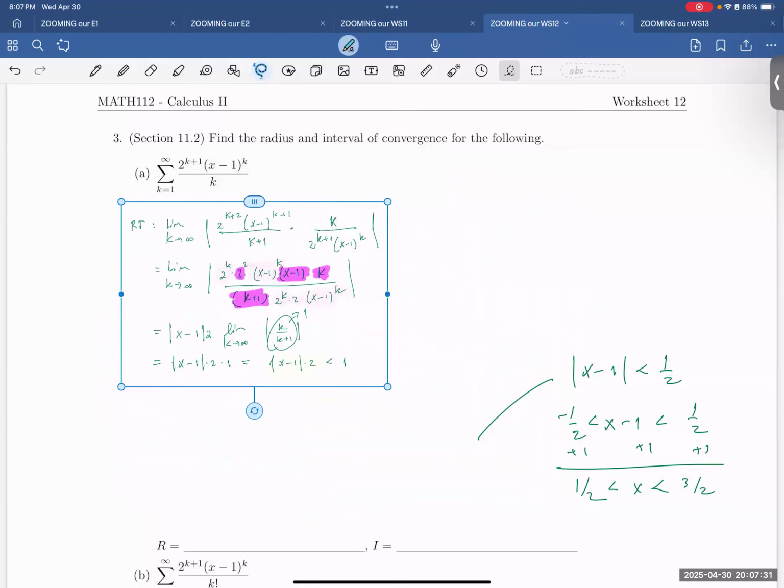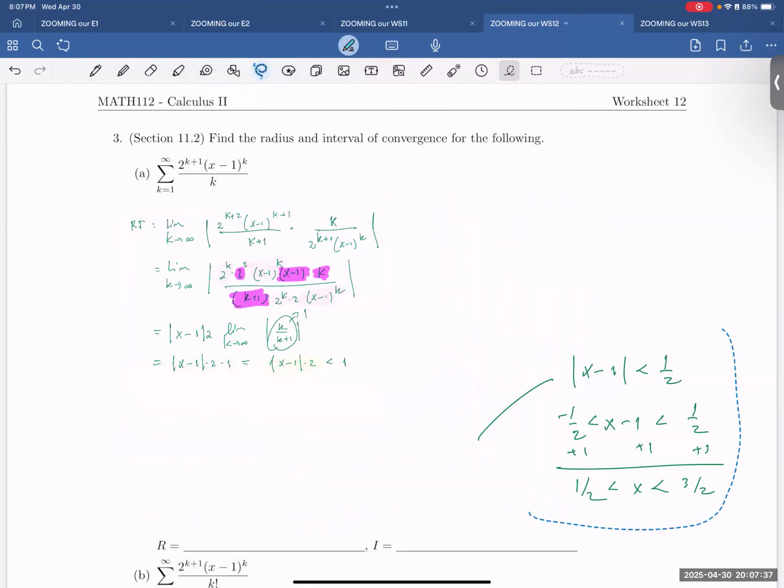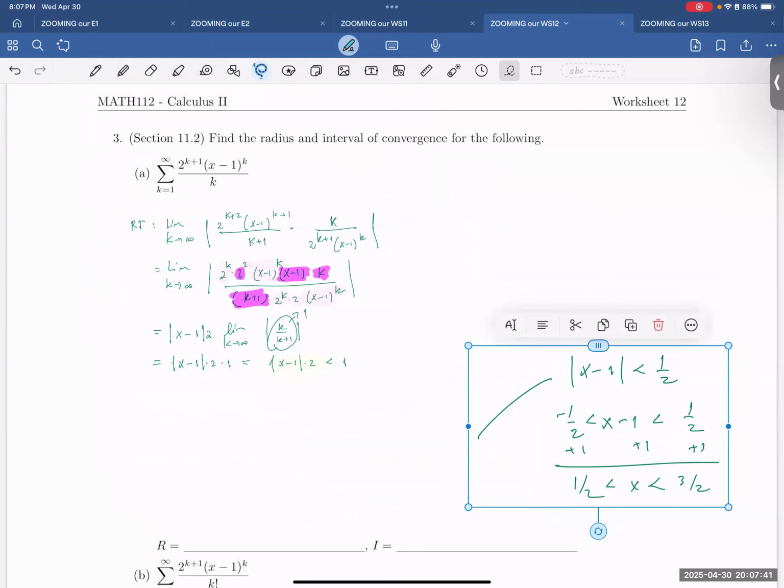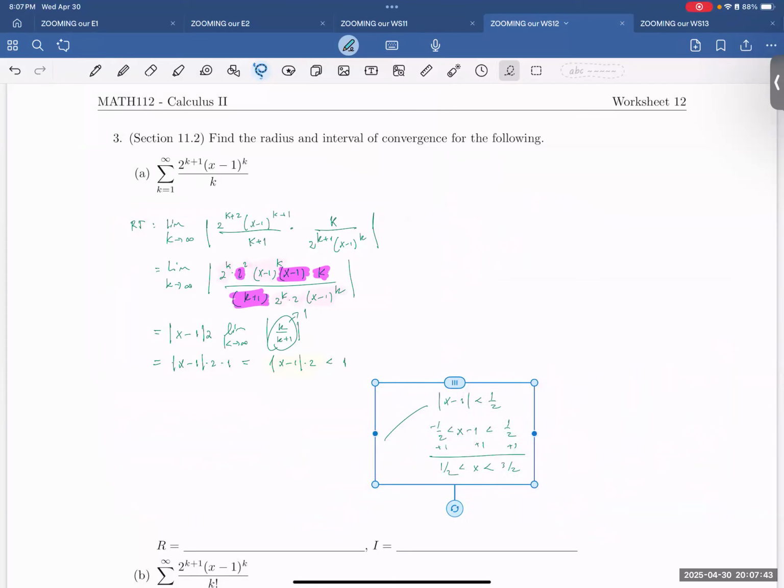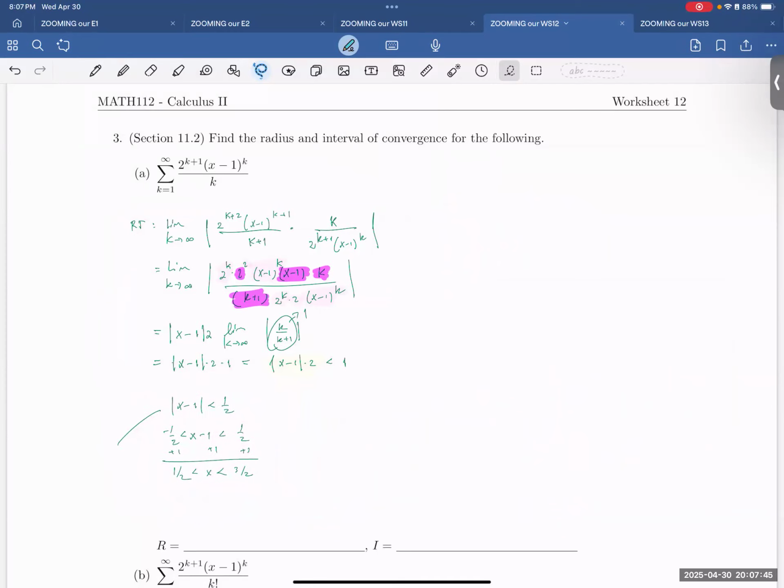There we go. All right. Okay, so that's your interval right now. The ratio test will always leave you with an open interval, and you have to check the endpoints.